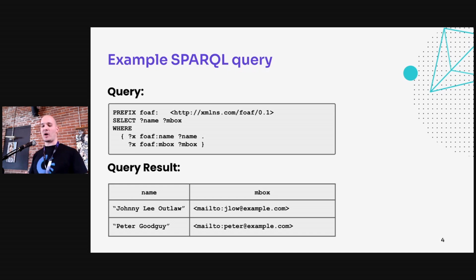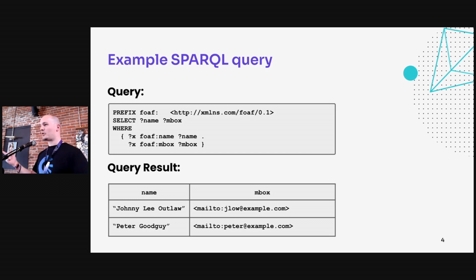These triple patterns say that I'm looking for a person that has the name equals this variable name, and this mailbox equals the variable mbox. So I'm looking for a name and mbox where these are actually marked with these properties: FOAF name, FOAF mbox.